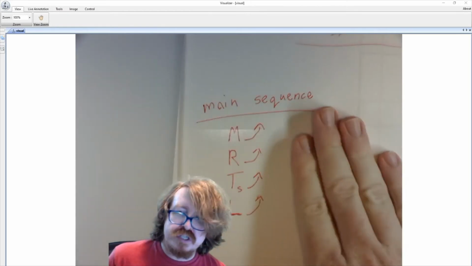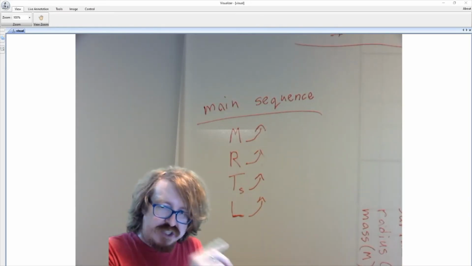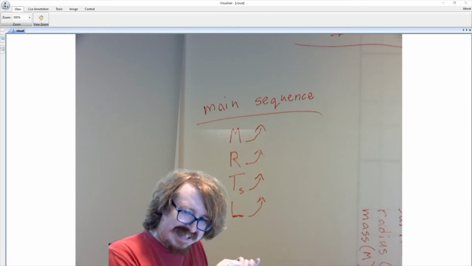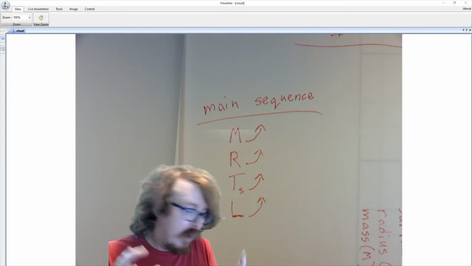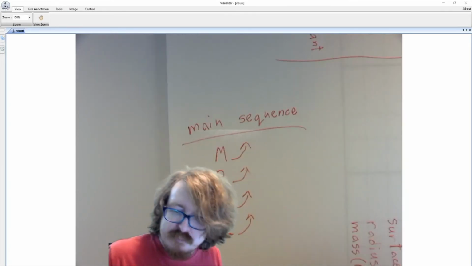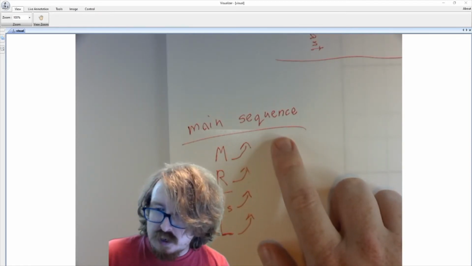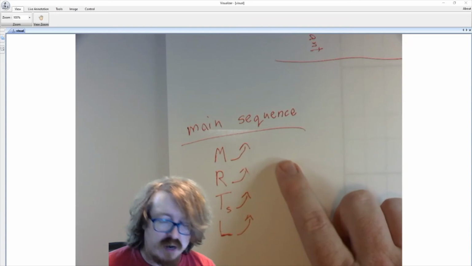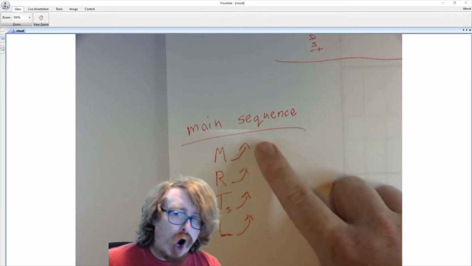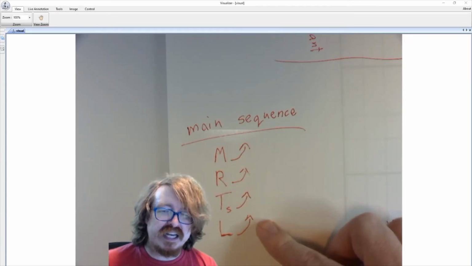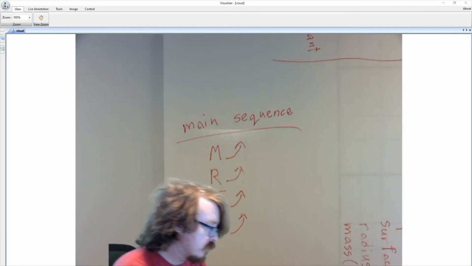So for most stars, it's like this. Let me just bring it all together in the final part. Let me bring my spectral types back in. Now remember, for main sequence stars, which is almost all of the living stars out there, all of the properties increase together. Okay, so here we go.